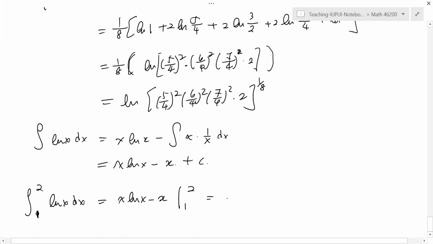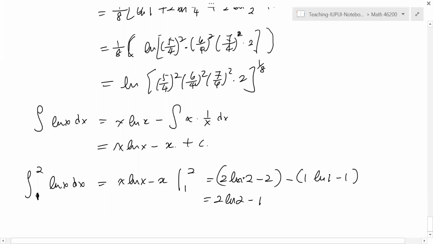That's the first term, minus 1 natural log 1 minus 1, that's the second term. So natural log 1 is 0. Minus 1 is plus, minus 1 is plus 1. So it's 2 natural log 2 minus 1 plus 1, which is minus 1. Yeah, that's right.